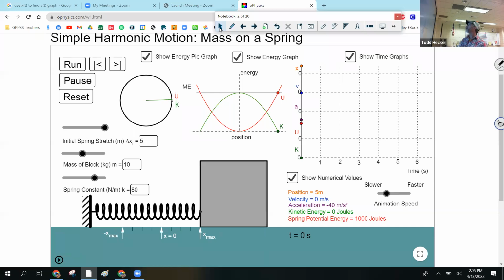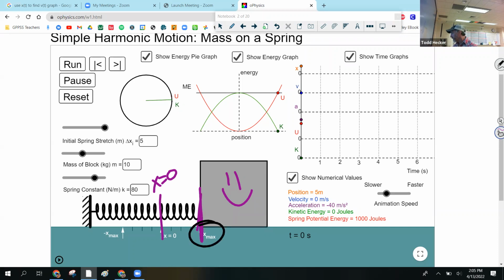So what I've got here is this block, and you can see it's attached to the spring. Notice this right here is our position of 0. When the object is over here, we're at what we're going to call X max, the maximum position. Because the spring is stretched to the right, the spring wants to pull it back this way.